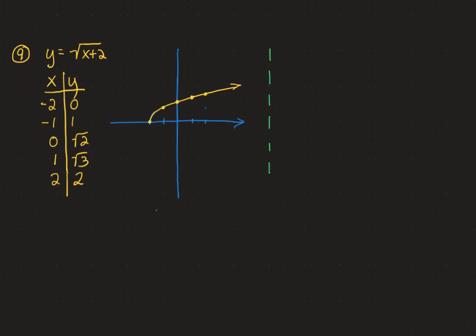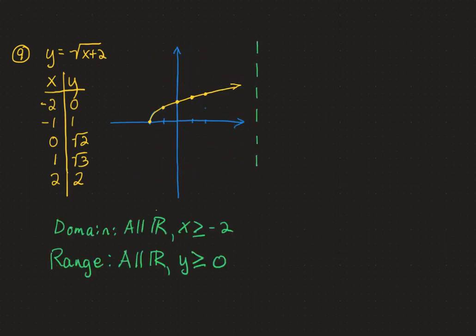Therefore, it only means the positive square root, which is why only positive y values are graphed here. So this is a function. It will pass the vertical line test. That vertical line only hits the graph in one place for every x.